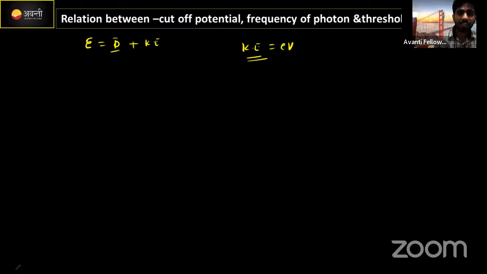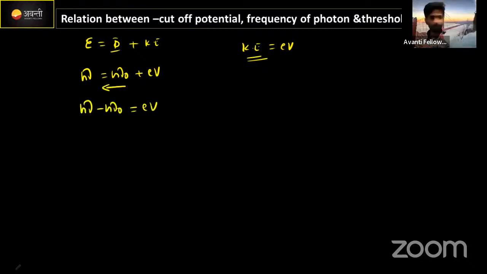So h nu is equal to h nu naught plus e into V, charge into potential. Take this term to the left hand side. Then h nu minus h nu naught is equal to e into V.